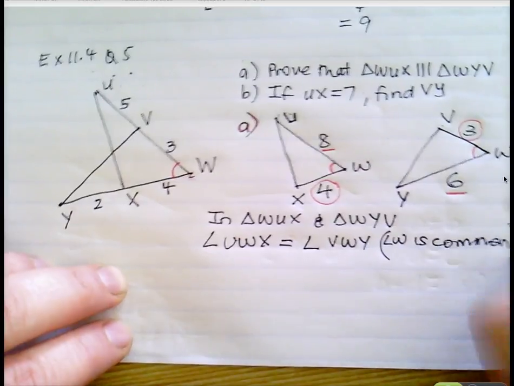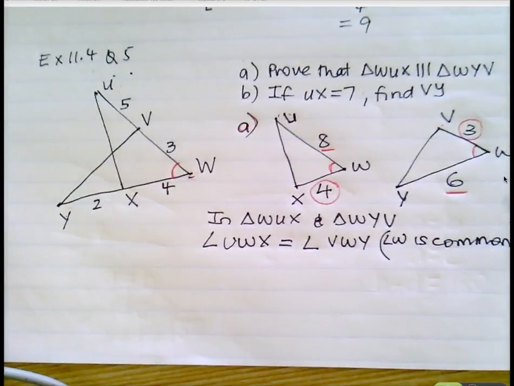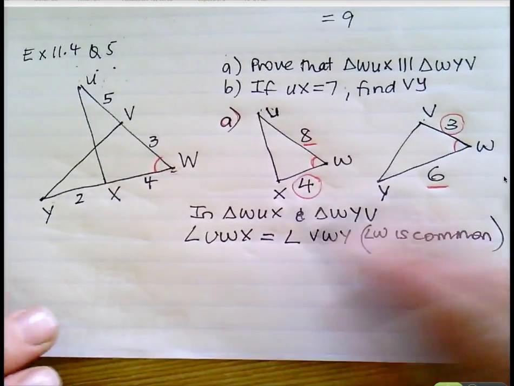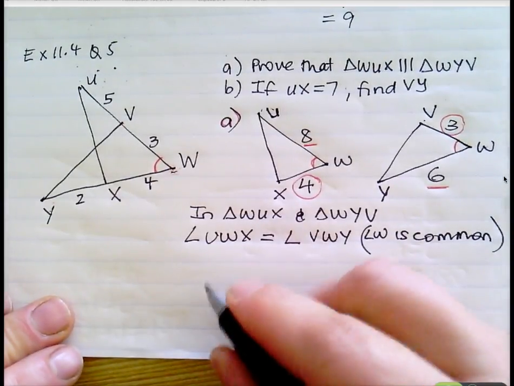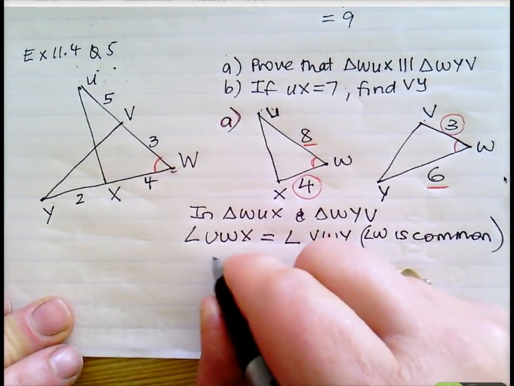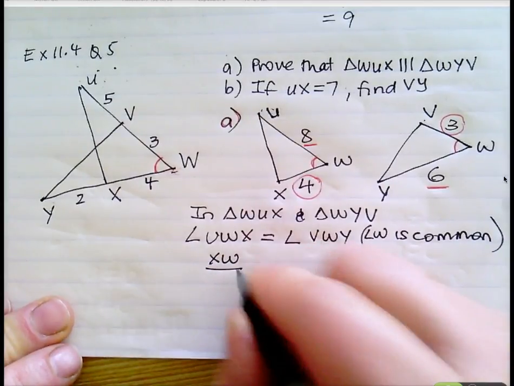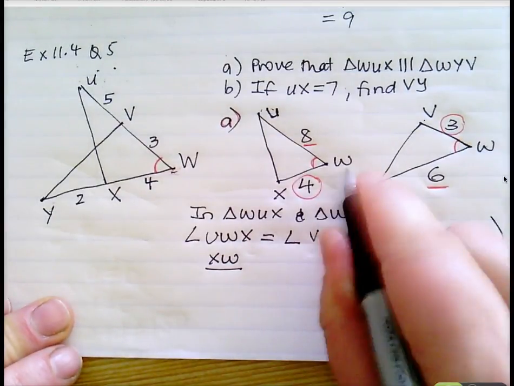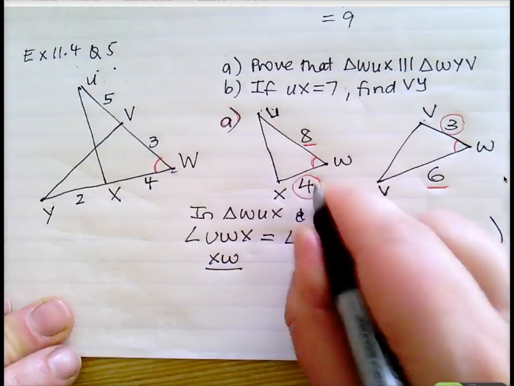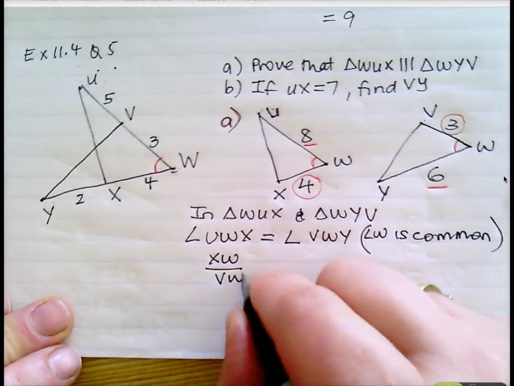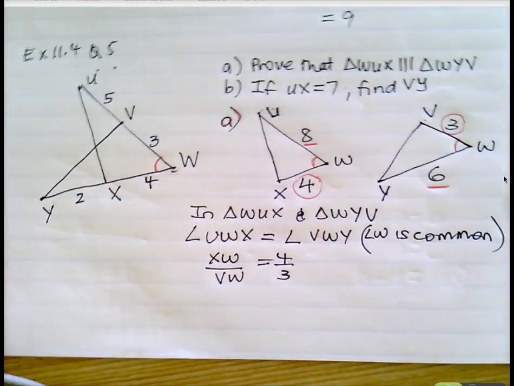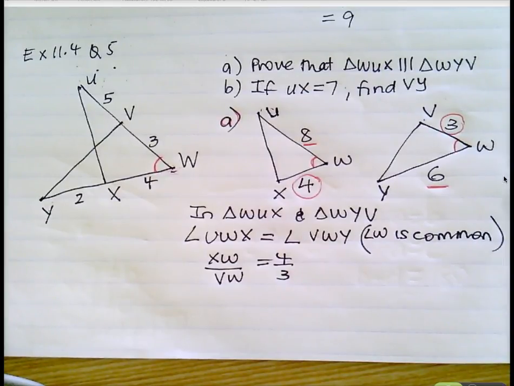Now what do we do? Well, I do the matching ones now. I do the ratio of the matching ones. So, XW matches with which one? I've circled them. VW, and it equals 4 on 3. Don't go and write 1 1/3, please. It's a ratio. Keep it as a ratio.